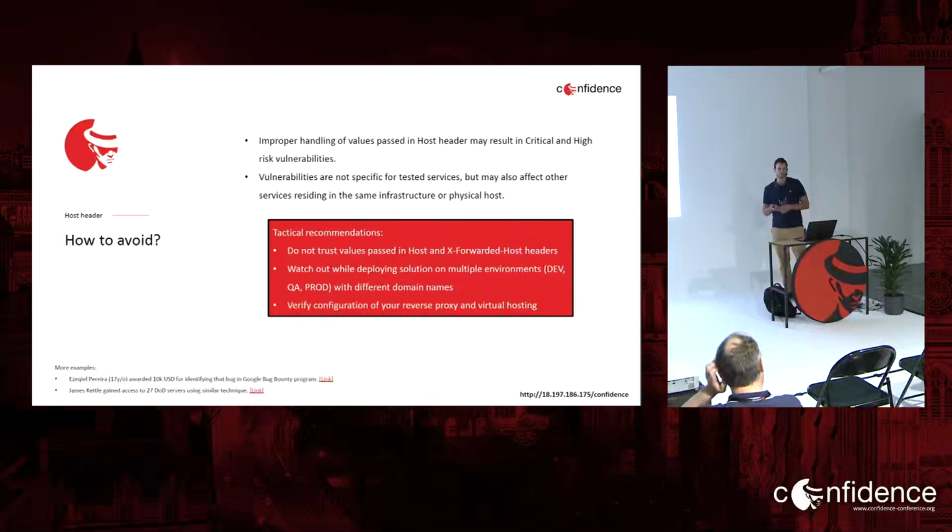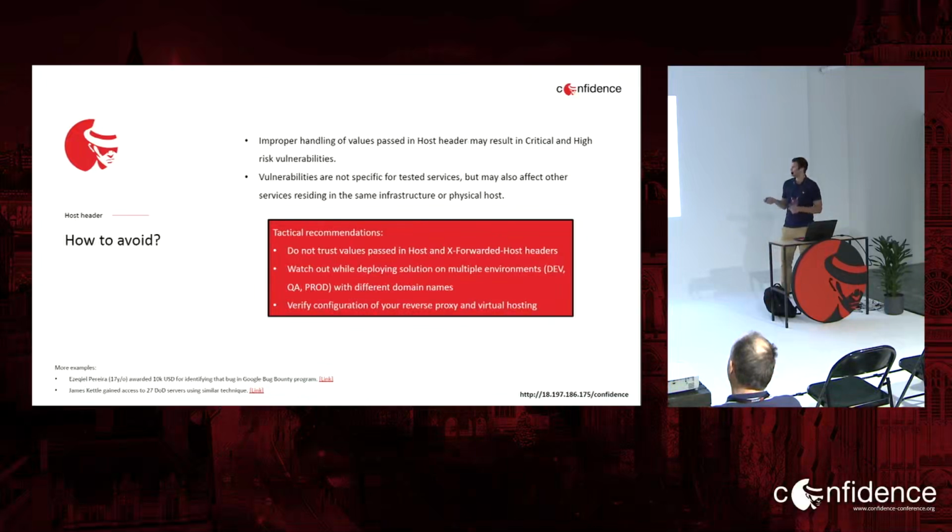What's very important is that these vulnerabilities are not specific to the tested services, because in the end they may also result in abusing internal services and other applications residing on the same host. So if you are able to exploit the vulnerability that I mentioned on the previous slide, you are able to get access to some other applications and not only to the tested one.